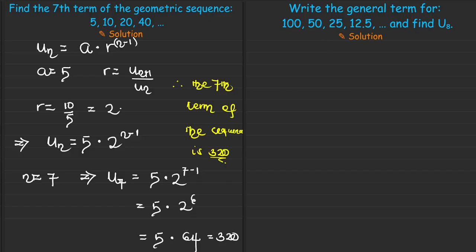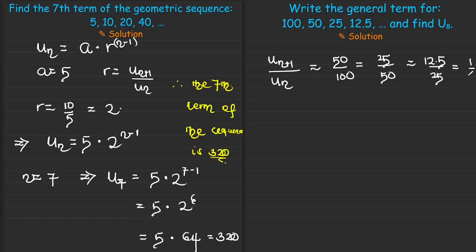So that is to say that our U(n+1) all over Un is equal to 50 divided by 100, which is also equal to 25 divided by 50, which is also equal to 12.5 divided by 25, giving us 1 over 2. And that is our R. You see? So we've gotten our R. Now if we have our R, we can justify that it is an exponential sequence.